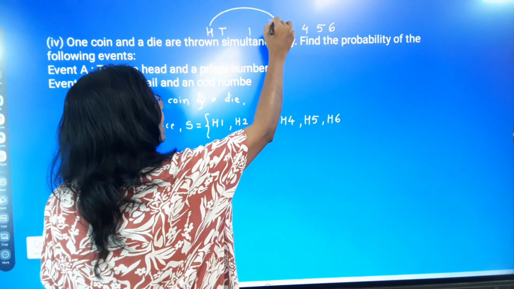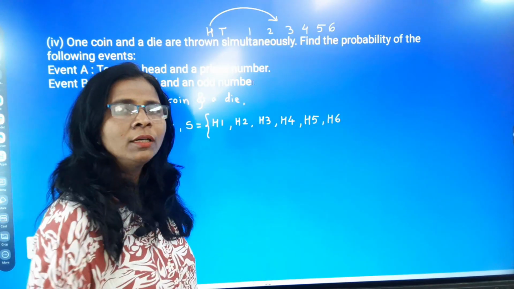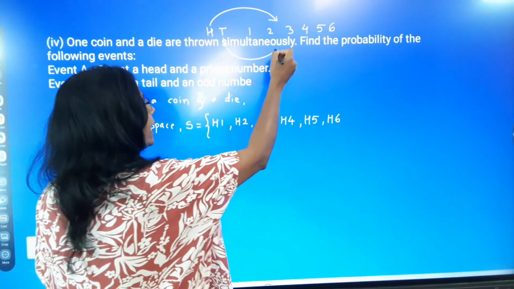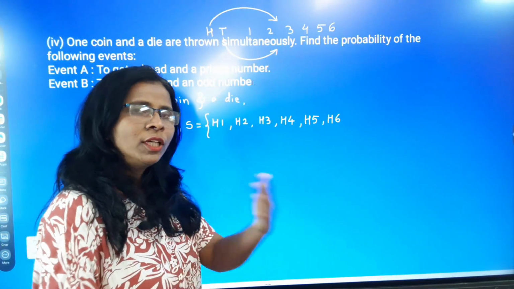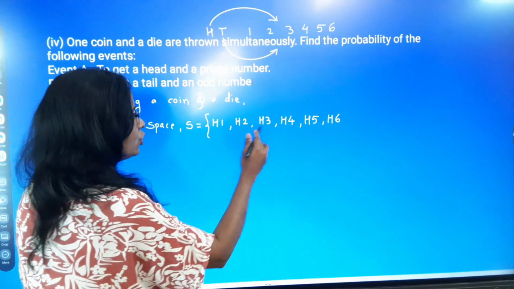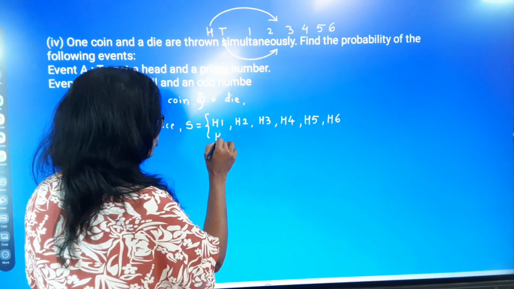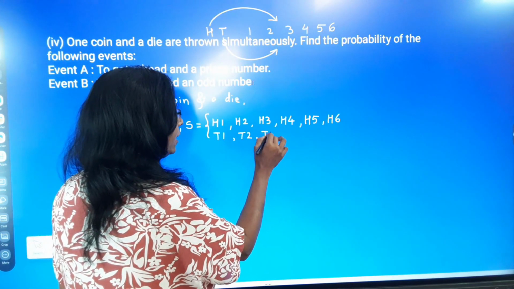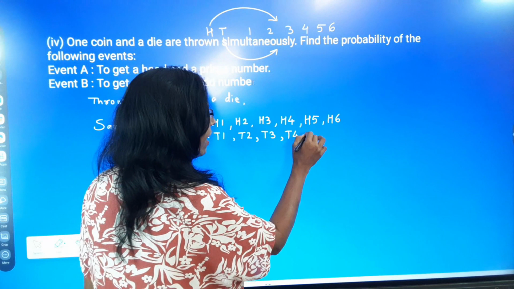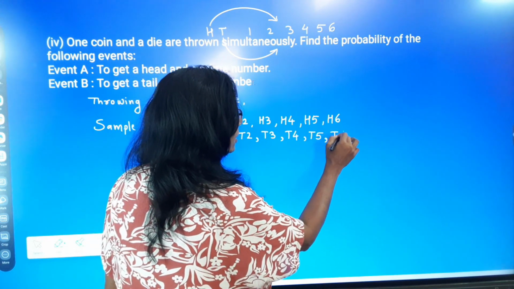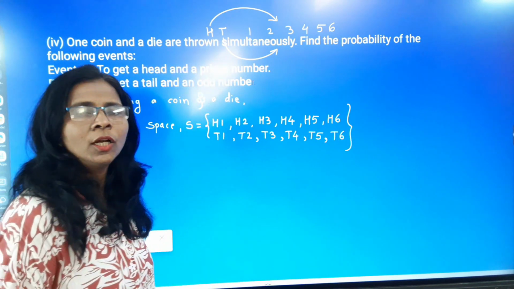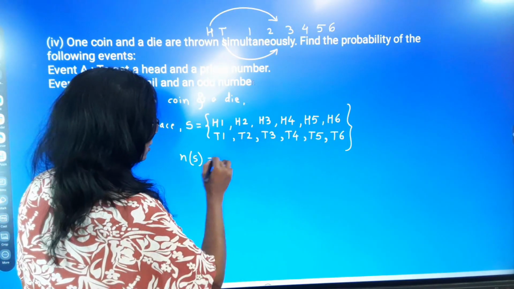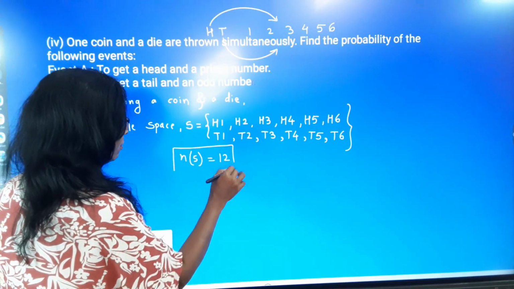So take H one by one with each number of the die, and then take T one by one with each number of the die. This way H1, H2, H3, H4, H5, H6, and then T1, T2, T3, T4, T5, and the last one T6. Then N of S is 12.